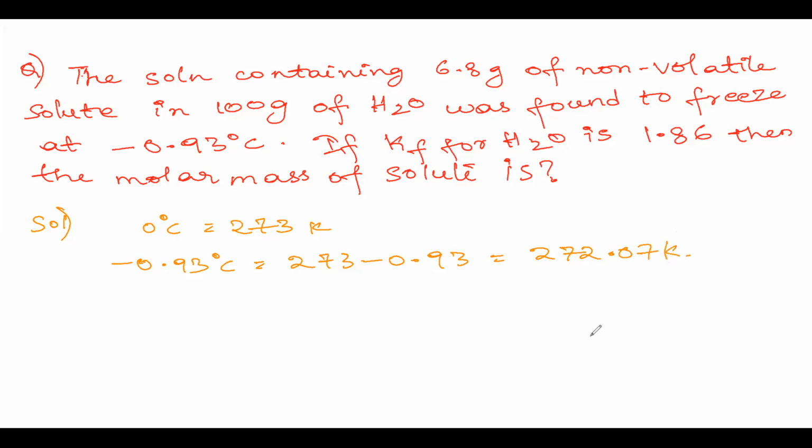So the freezing point decreases to 272.07. Delta Tf is equal to 273 minus 272.07, which is equal to 0.93.